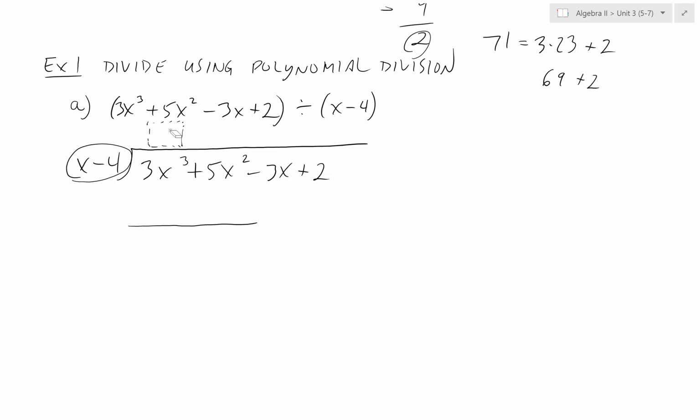So that's the first thing that we're going to put here, 3x squared. Now I multiply that times the x minus 4. That gives me 3x cubed minus 12x squared.